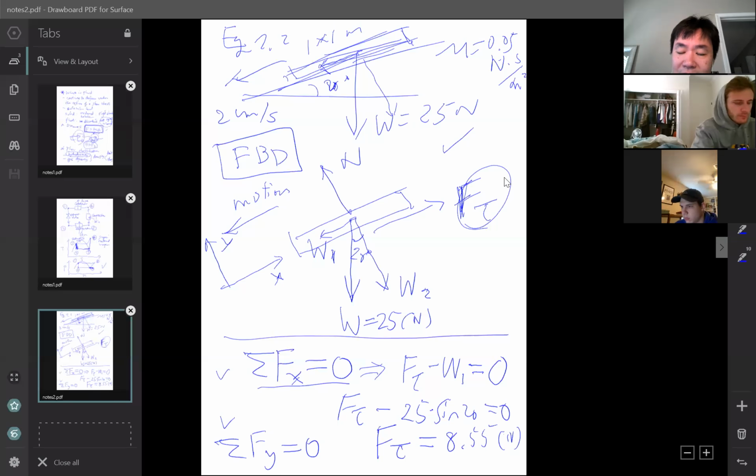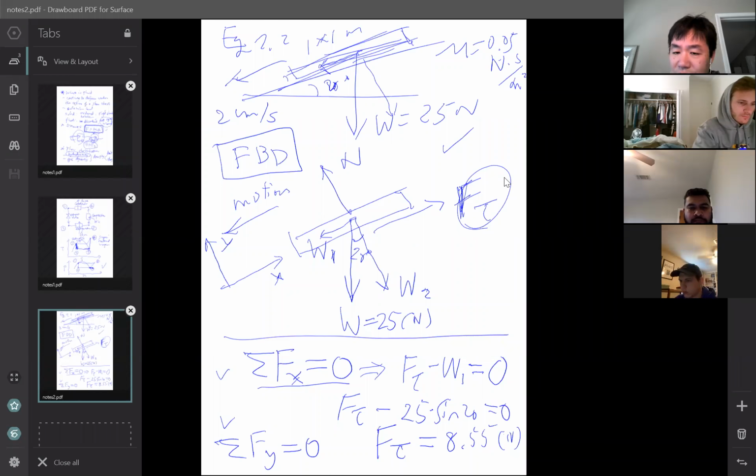However, in this case, W1 is very important to calculate because W1 should be balanced with the shear force, F tau, which is very, very important for this problem. We need to calculate the shear force, the resistance force between the oil film and the board. So that's what we do.